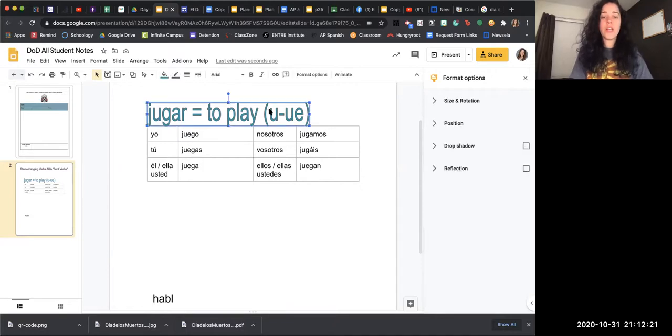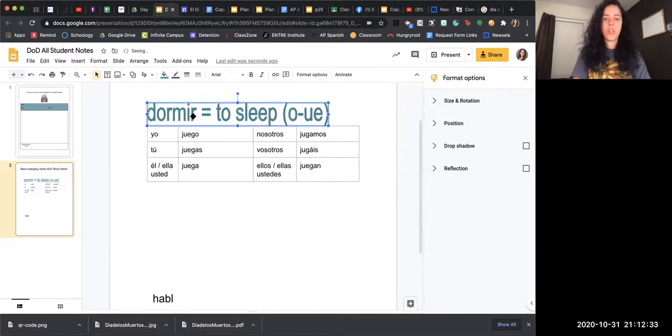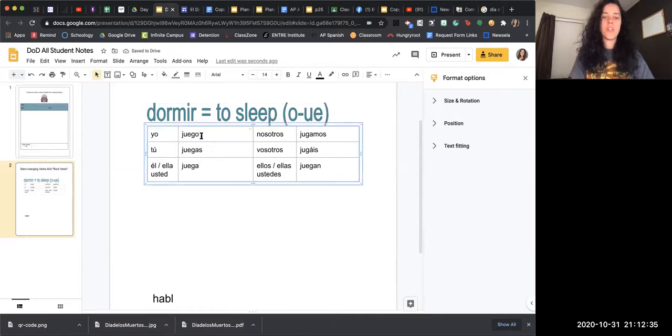Anyways, let's do one last one. Dormir. Dormir is to sleep. Is an O to UE stem changer. Dormir. So I need to erase all of these. This is the last one that we're going to do as an example together.